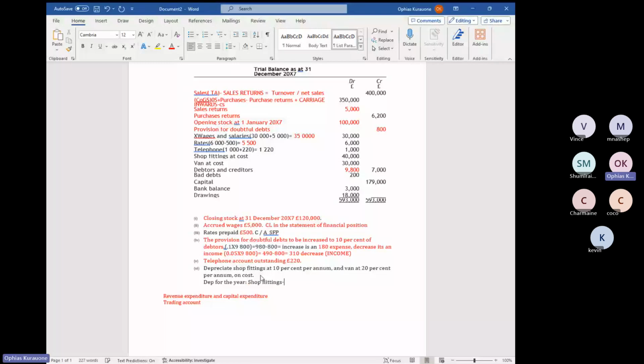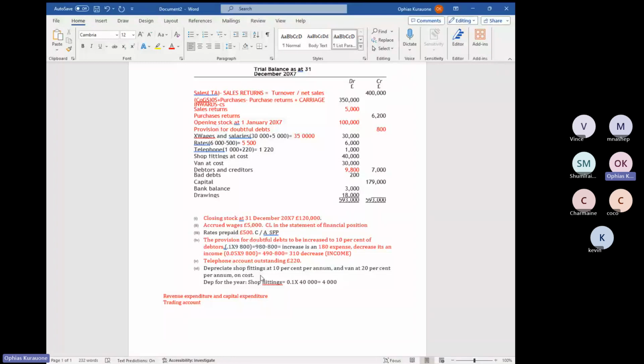So our shop fittings in this case then becomes 10% of cost, which is 0.1, multiplied by 40,000. In this situation, then you get 4,000. All amounts are in dollars or in pounds.